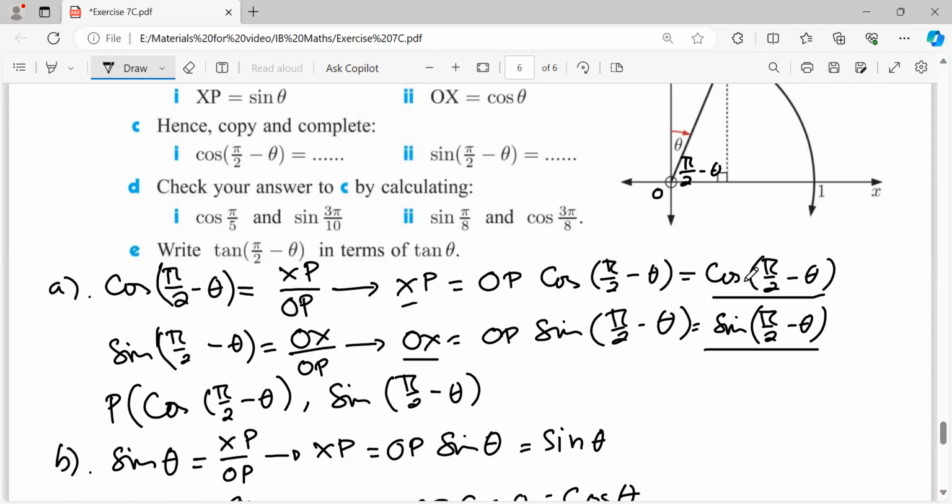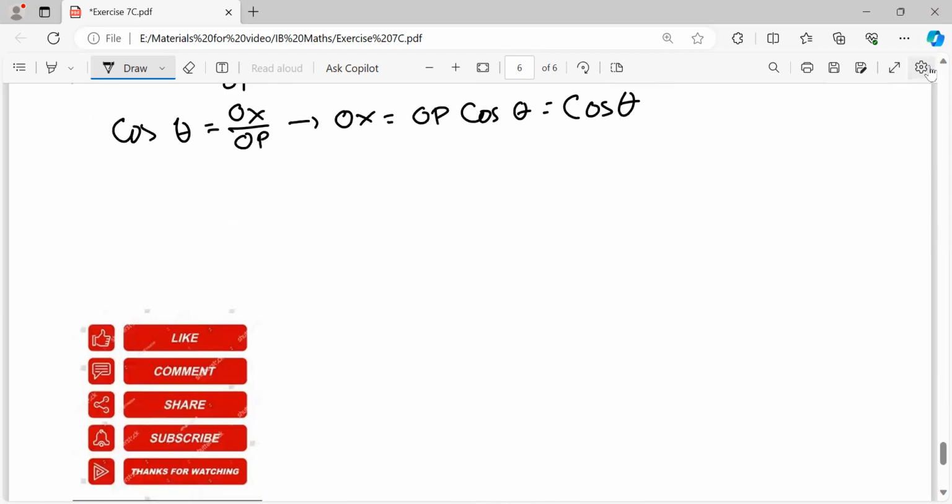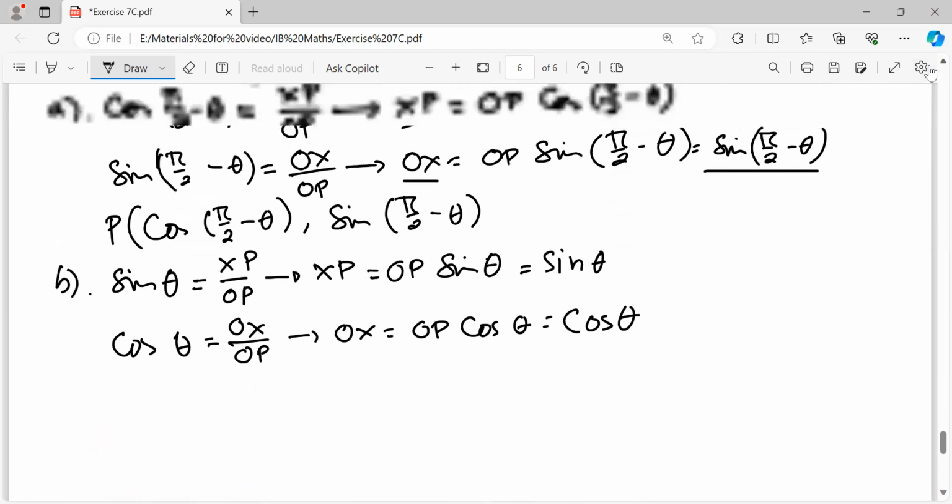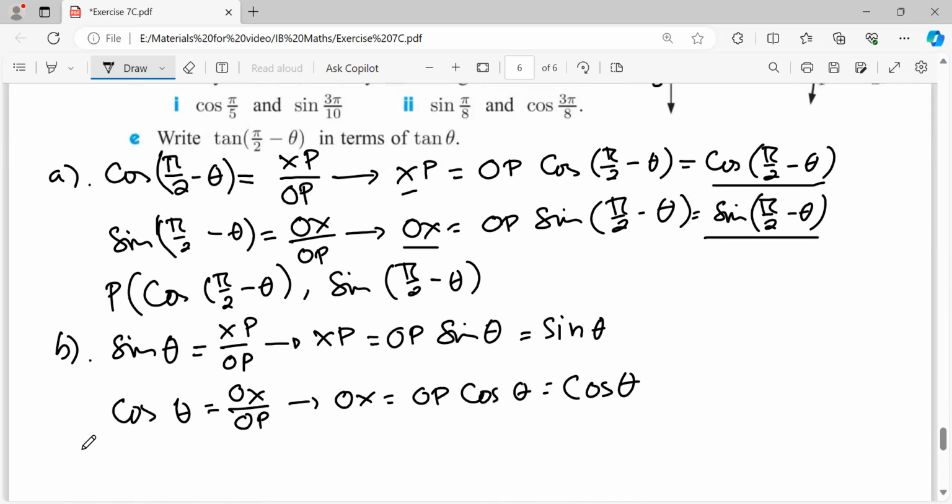Since XP equals sine theta, it means sine theta equals cosine of pi over 2 minus theta.